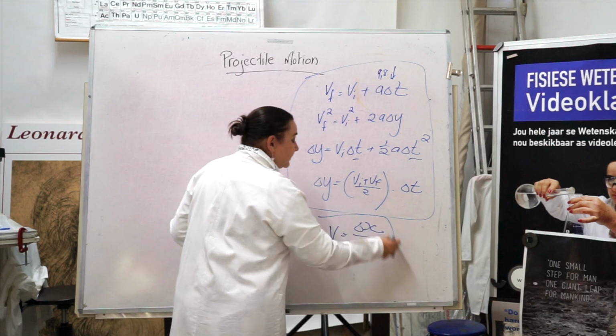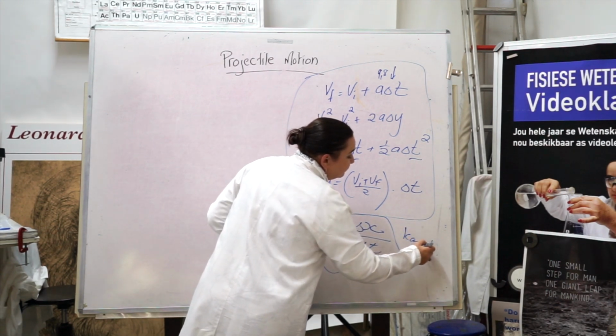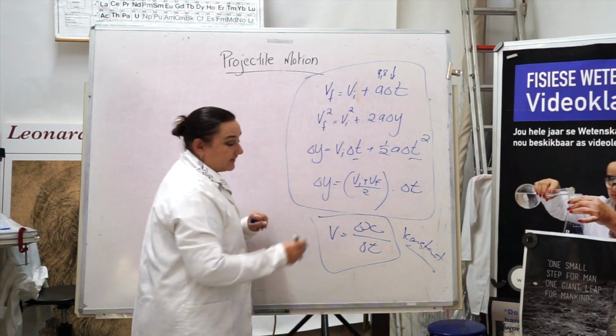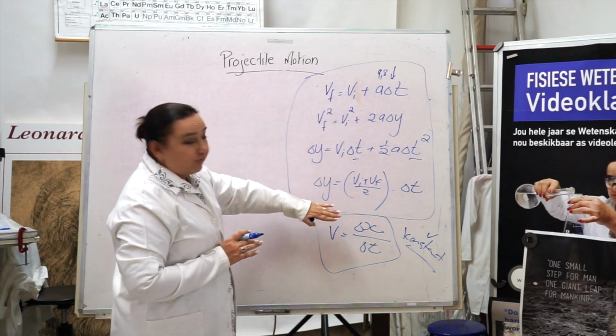So that would be the formula that I would use if my speed is constant. So it's a constant speed. Right, so then we've got our formulas.